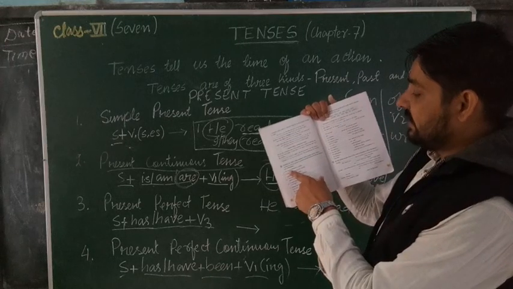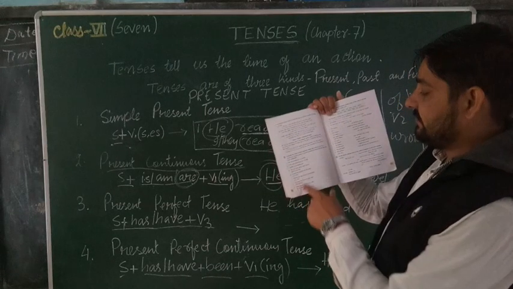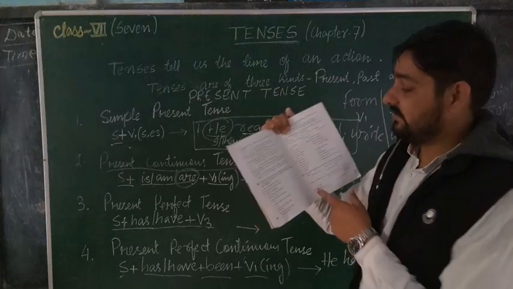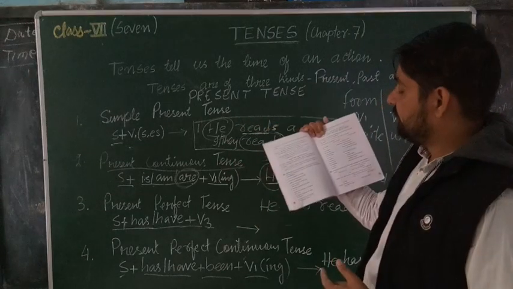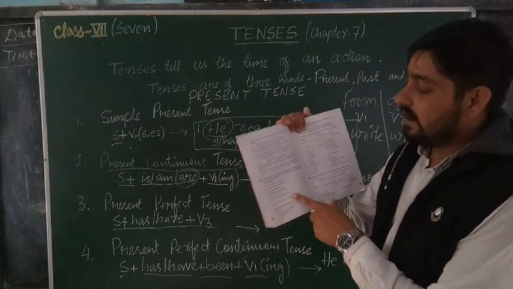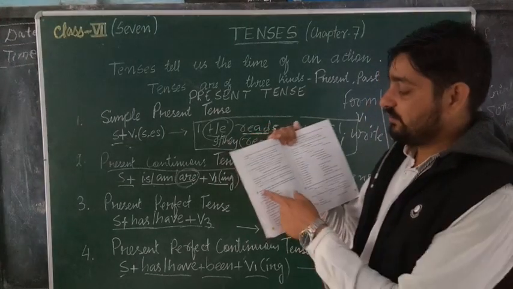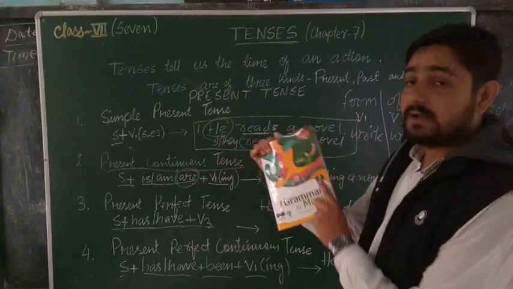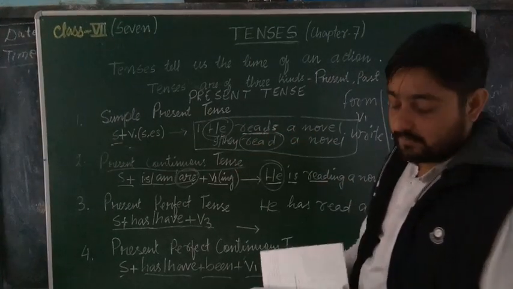After underlining the verbs in the sentence, you have to write which kind of tense it is. I have already explained all this, and you need to identify the tense in question number B, page number 84, part 2, class 7 English grammar.